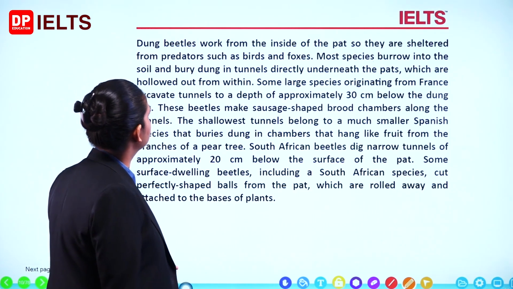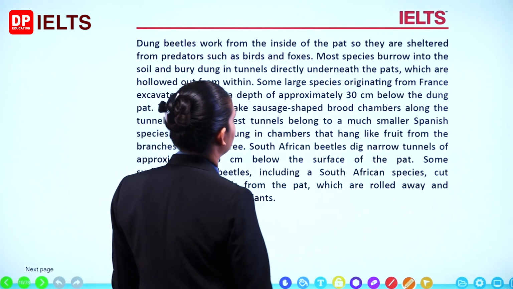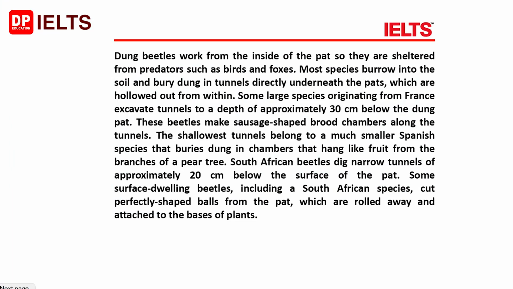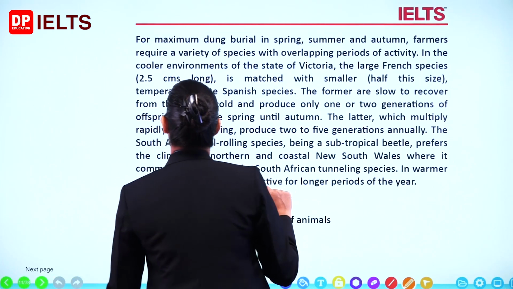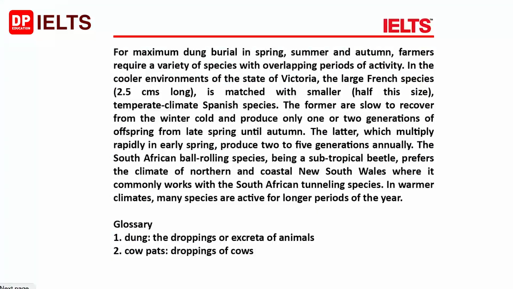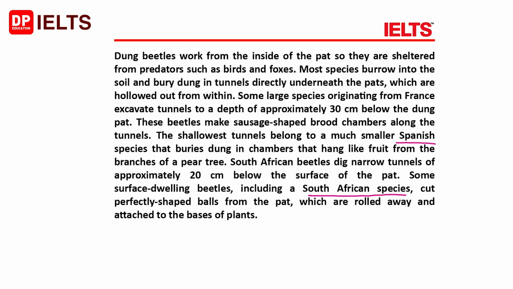You have to scan. Right, Spanish. Where do you find that word? South African is here, right? Where is the Spanish? South African ball rolling again is here. Right, so here it is, Spanish, right?